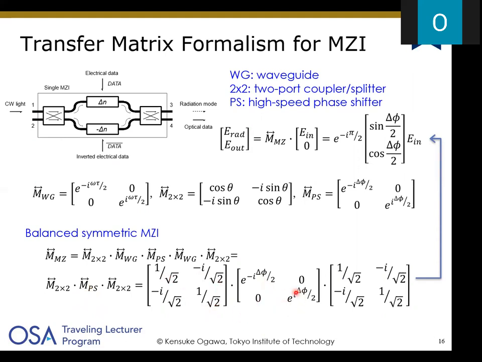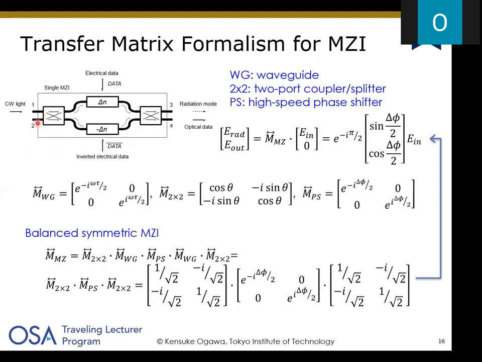You can use a 2x2 matrix to construct the Mach-Zehnder interferometer, or even other more complicated schemes for the IQ modulator or polarization multiplex modulator. In this case, it is just a single Mach-Zehnder interferometer.